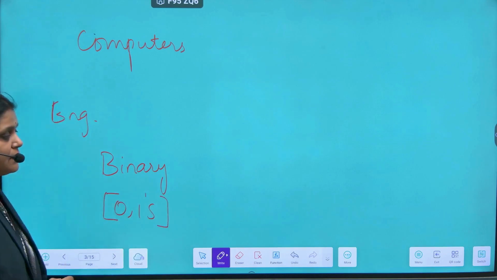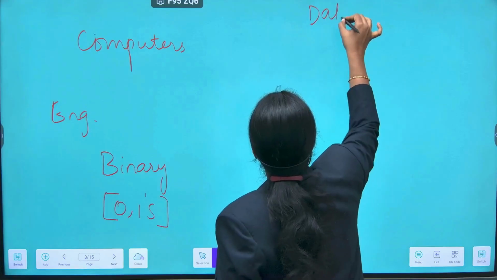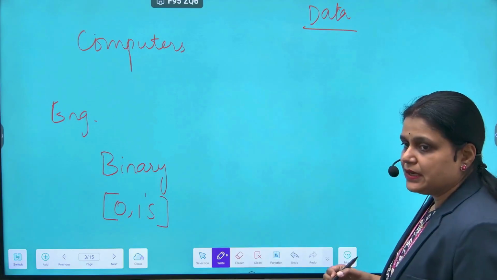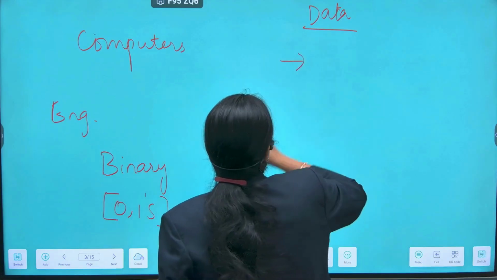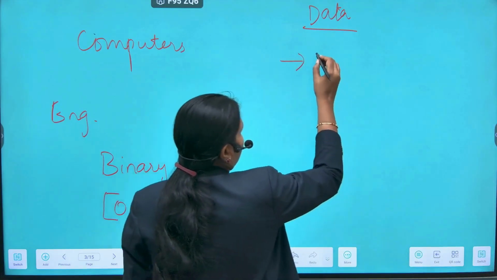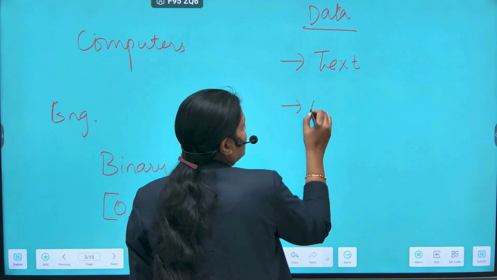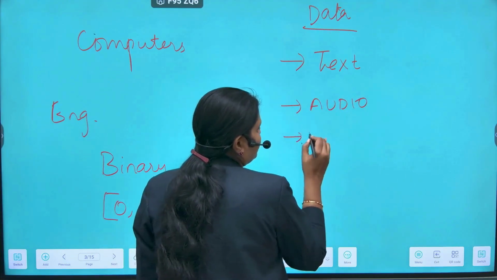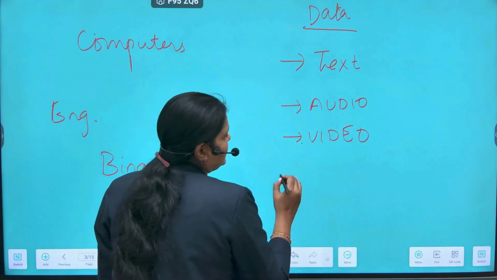Initially we give data to the computer, and only if we give data can the computer work with it. What kinds of data can we give? Data can be in the form of text, an audio clip, a video clip, or an image.